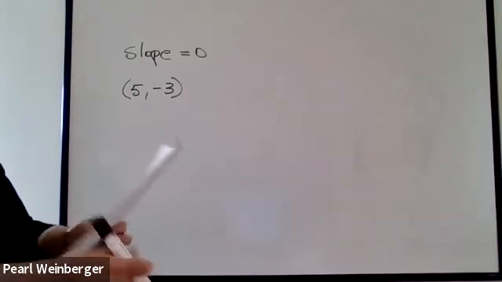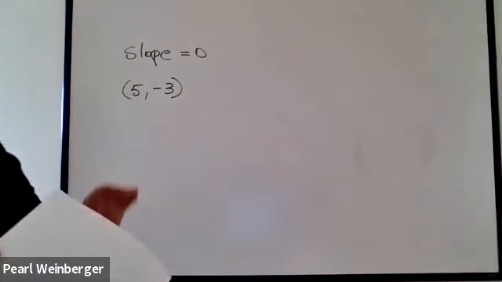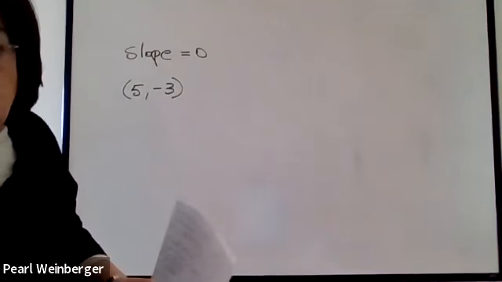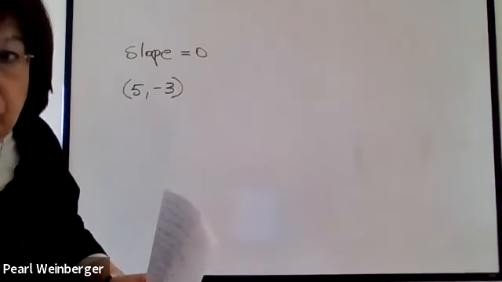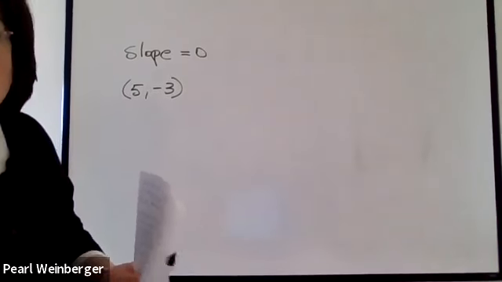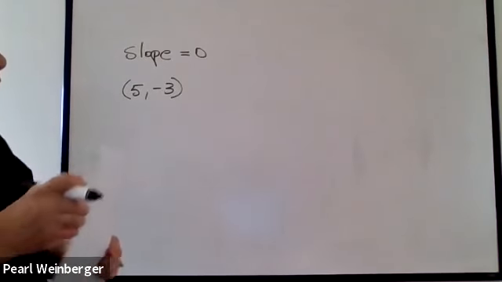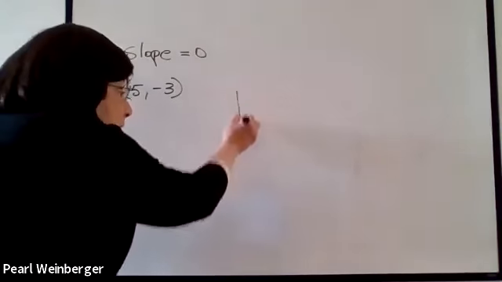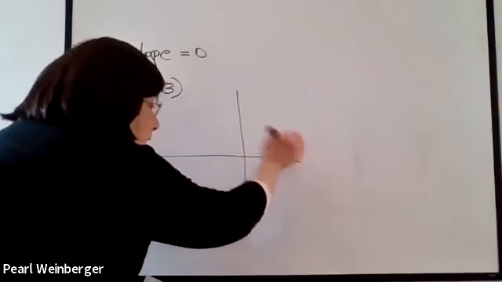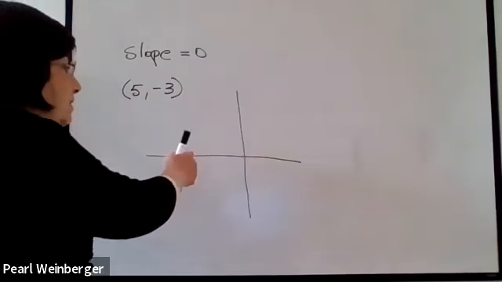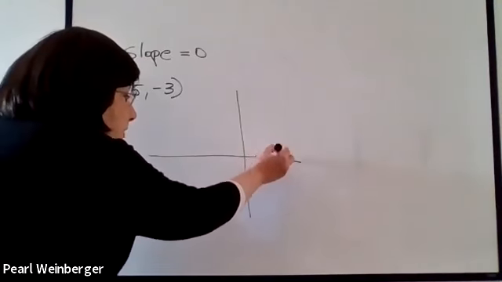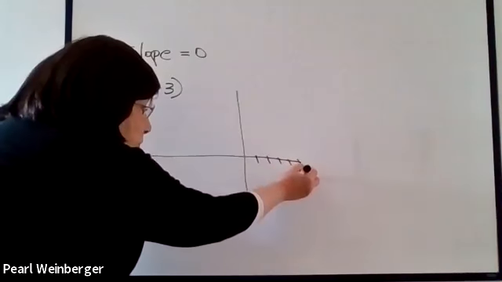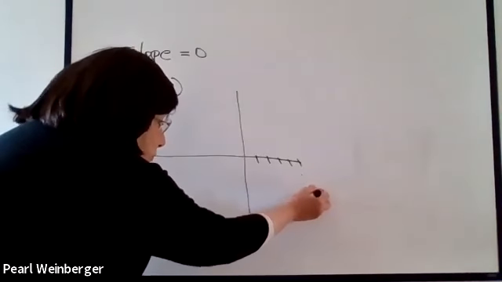Sorry. Okay. So let's remember what it means for a line to have a slope of 0. What kind of lines have slopes of 0? And if you remember, a line that is a horizontal line, one that goes straight across, its slope is 0. So if it says it's going through the point 5, -3, here's the point 5, -3.